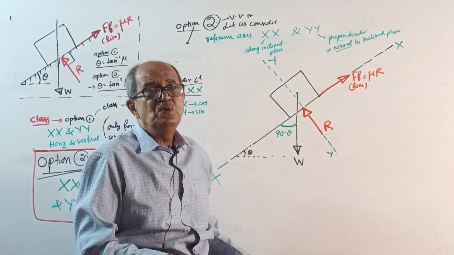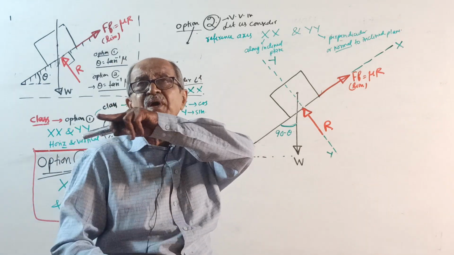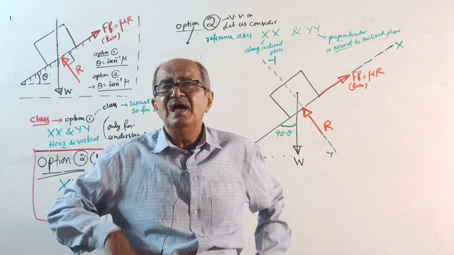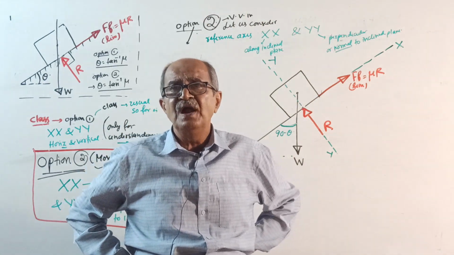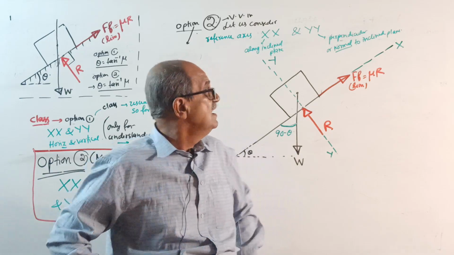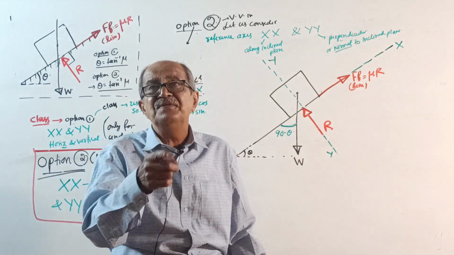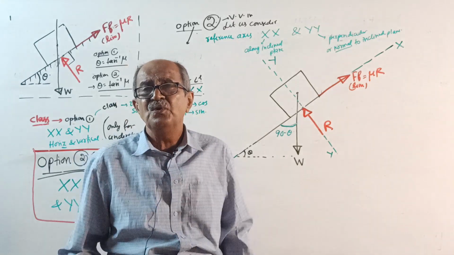In my class I told we will stick to one principle. If XX, YY are horizontal and vertical, we will always consider the angle with horizontal, that is XX. Then horizontal is cos, vertical is sin. If XX and YY are inclined, again we will consider the angle with the XX. So X becomes cos, Y becomes sin.